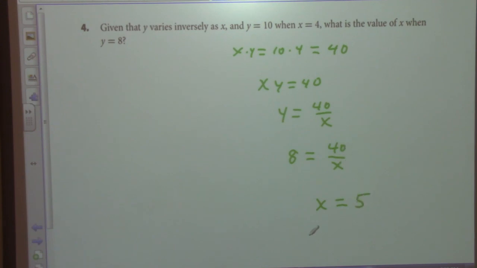Now I want to tell you something, that's a good solution by the way, and that's the way I did it, Bryce. Sometimes I get the benefit of things I've learned from other students along the way. Victoria in 7th period, when she solved this, she solved for x. So she wrote this as x equals 40 over y.